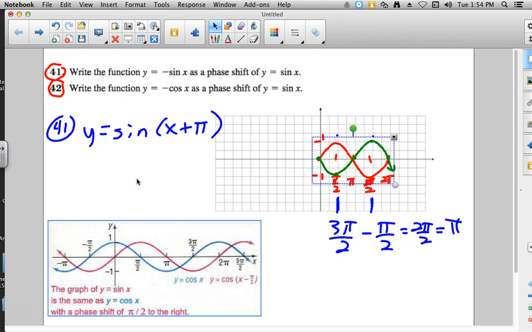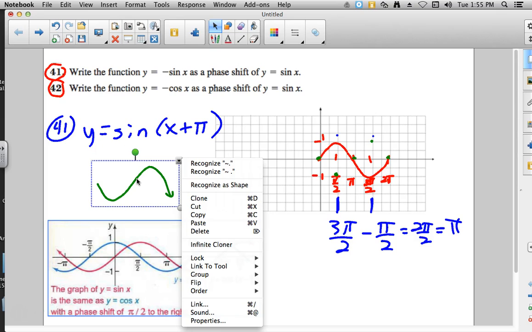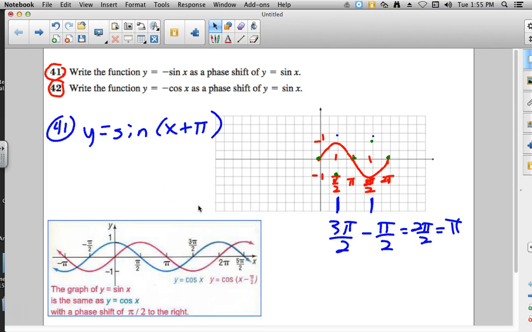And then for number 42, it says, what about cosine and sine? Okay, so we've got a negative cosine. How would we get that to be a sine? So let me get the green off of here. And let's go after that one. So there's our sine graph. All is good. And now along comes y equals negative cosine.